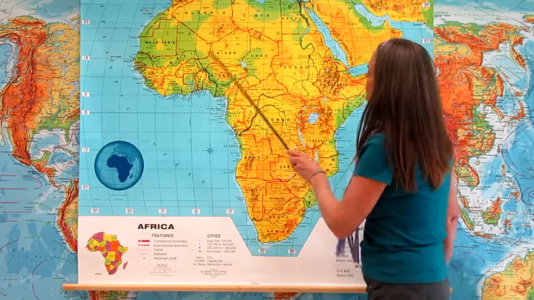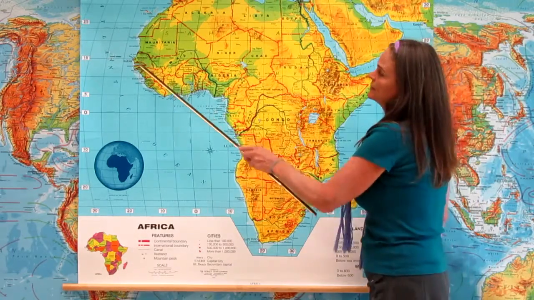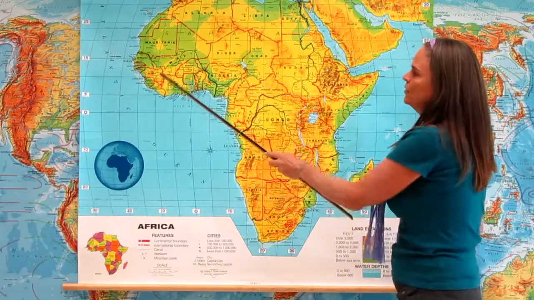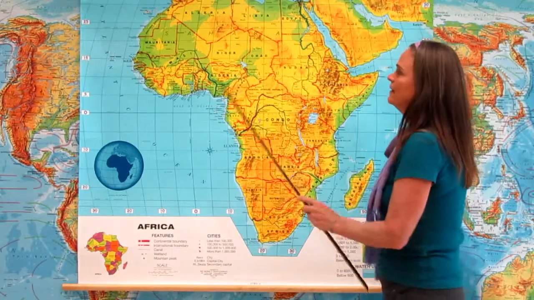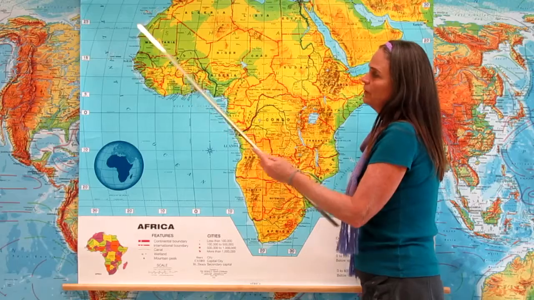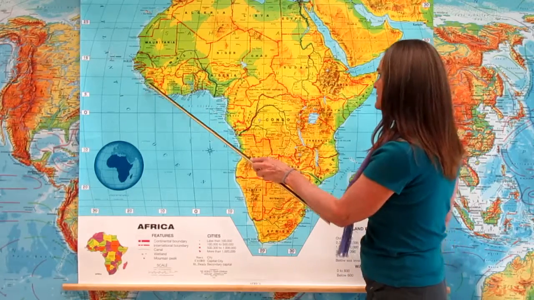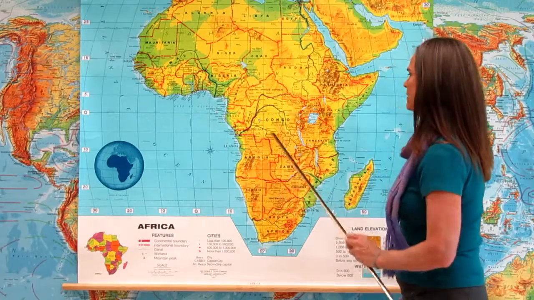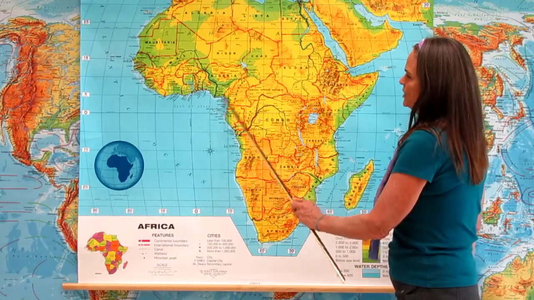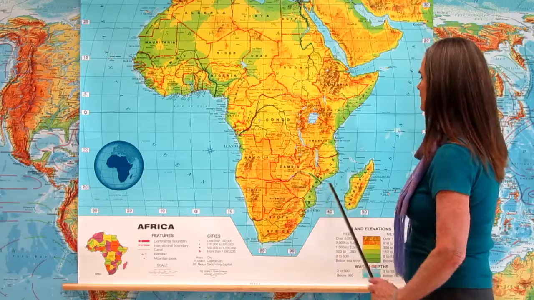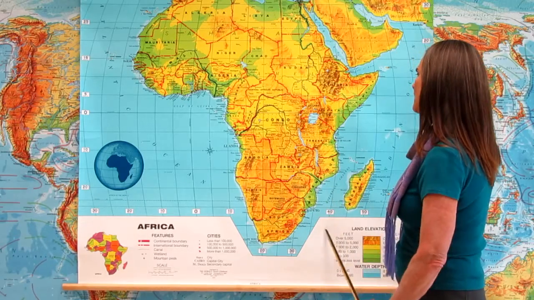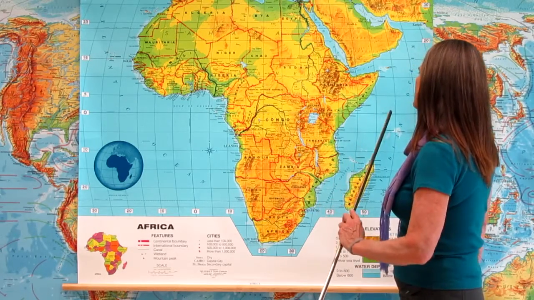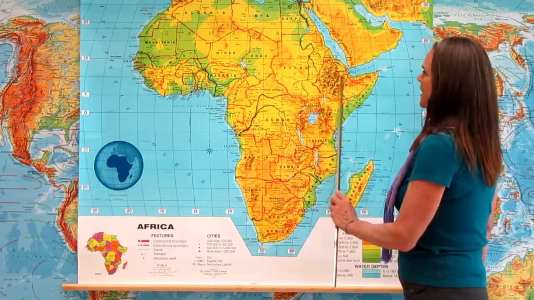Okay, transition zone, again, is up here. And it's hash marks. You can think of it as an overlay to other countries that are in different regions. Okay, so this is West Africa. The states in this region are Equatorial Africa. This is Southern Africa. And this is East Africa.